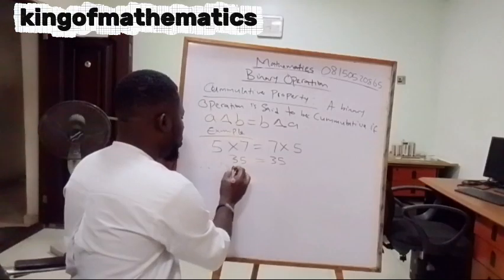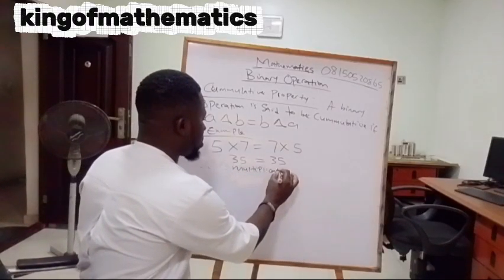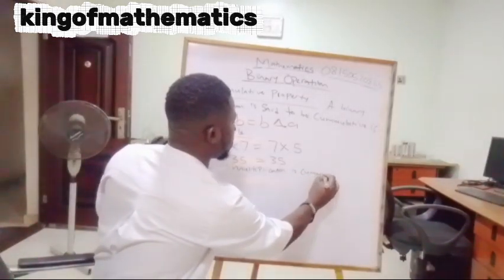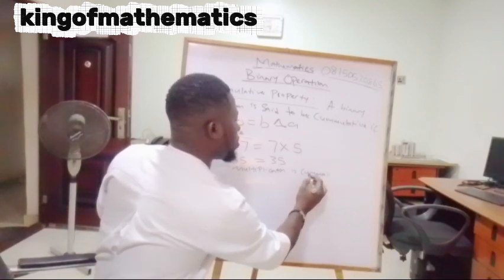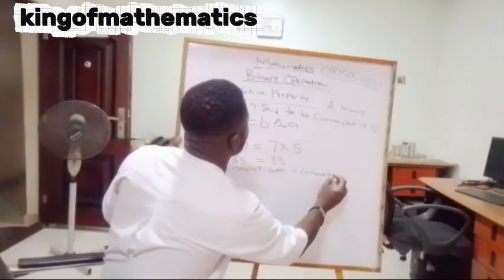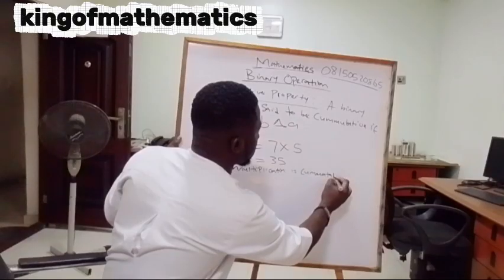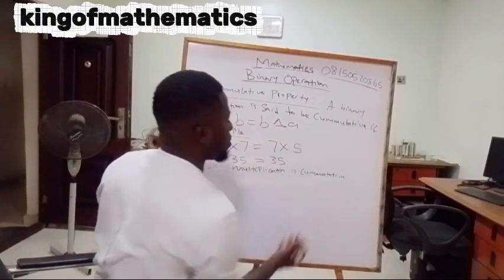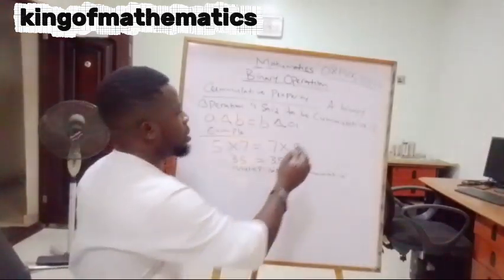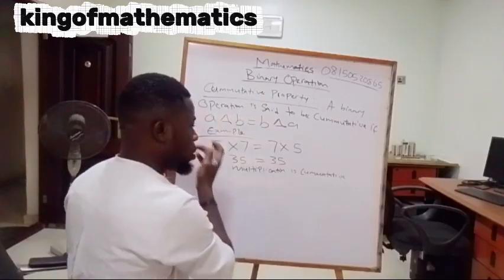So therefore, multiplication is commutative.